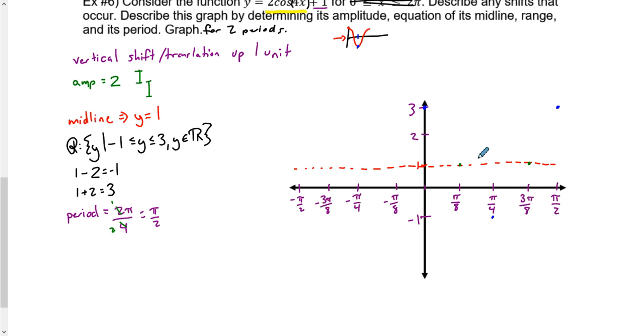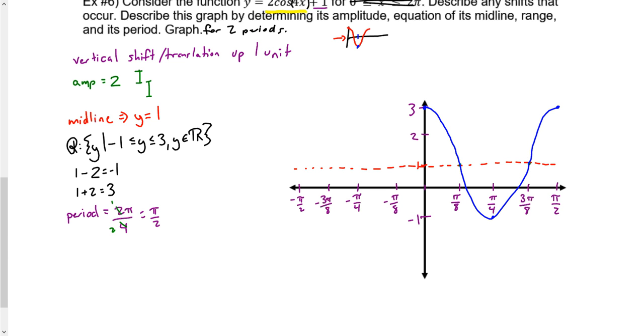So those are the points that are going to adjust. Of course, we're not going to be able to cross our x-axis, but we can cross our midline at the proper points. So that's going to cross there. When it comes back up, it's going to cross that midline right there.